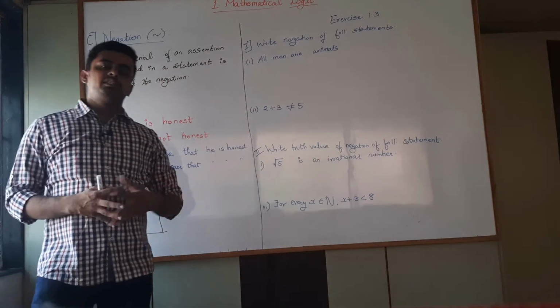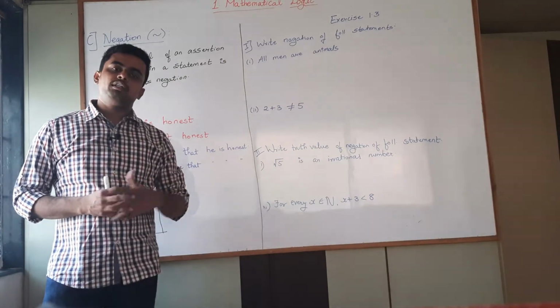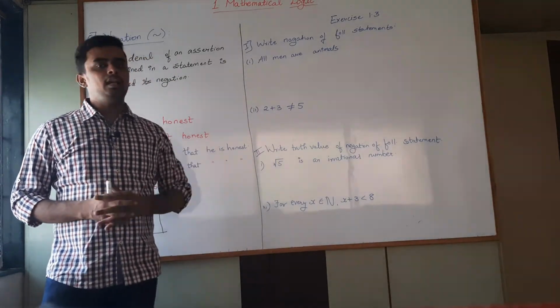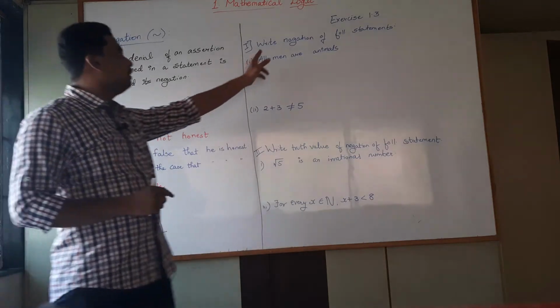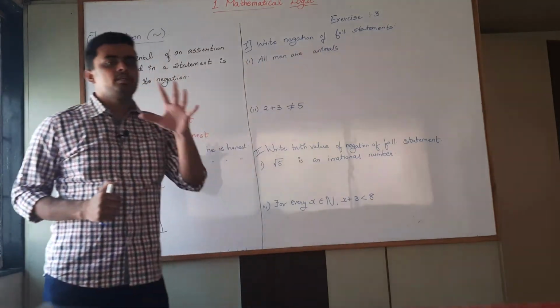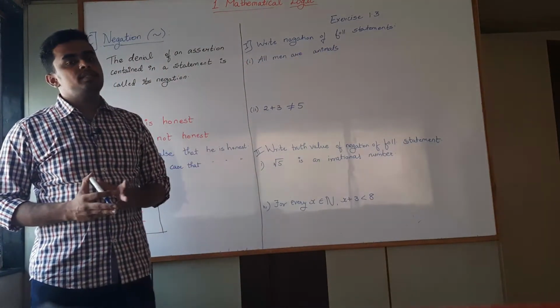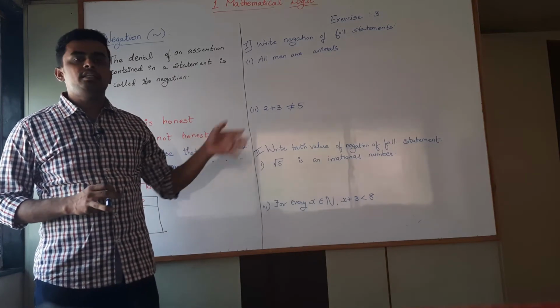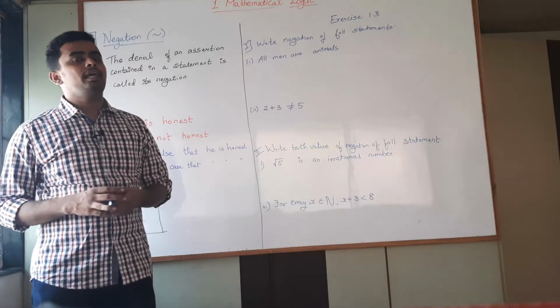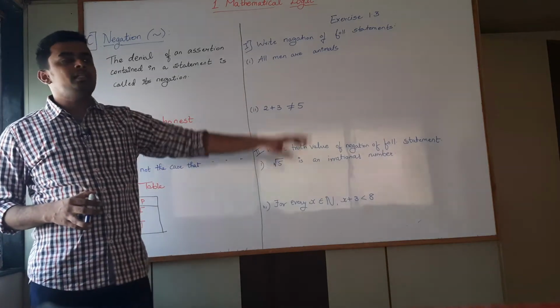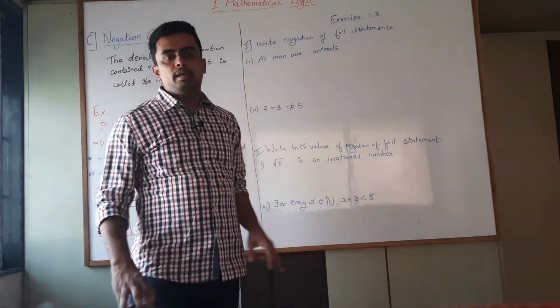And here we will see exercise 1.3 based on this logical connective. Write negation of the following statements. We are given a few statements in the first question of the exercise. Each statement is given and we have to write the negation of it. The first statement tells us all men are animals.